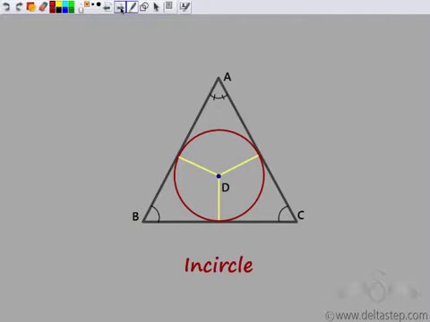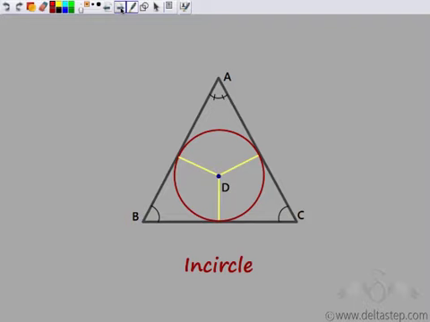Now this point, which is the point of intersection of the angle bisectors, was called incenter. Why incenter? Because it is the center of the incircle. So it is called incenter, and this circle that is formed is called incircle.